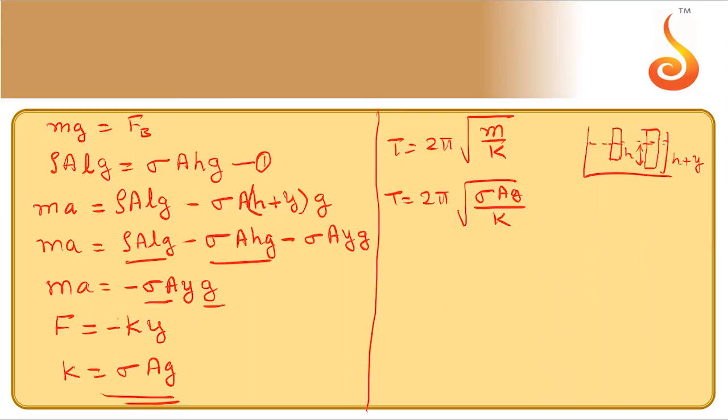Right? Now substitute for it. Sigma is density of liquid. How much it is? 900. Area of cross section is 30 centimeter square, 30 into 10 power minus 4.